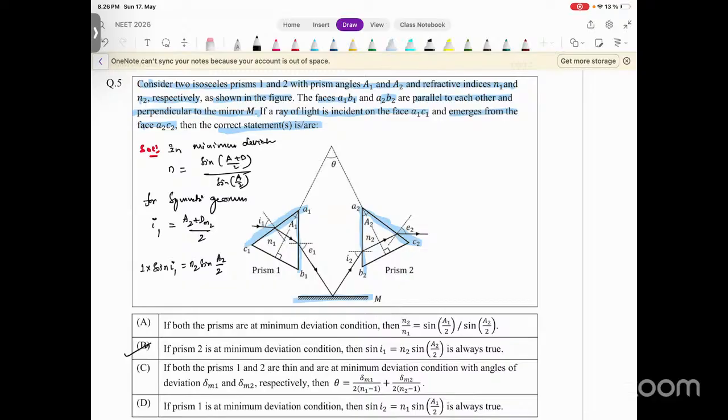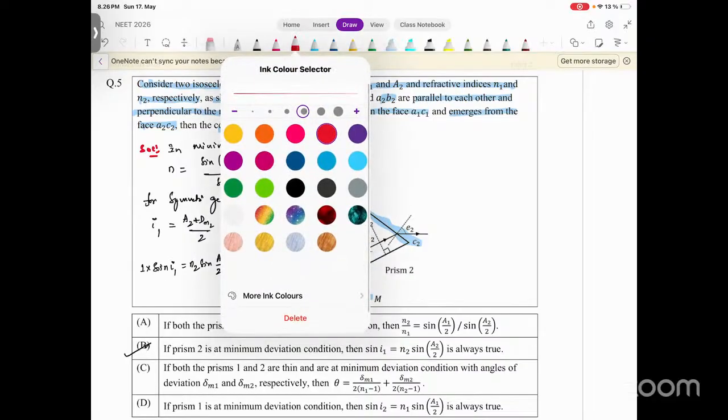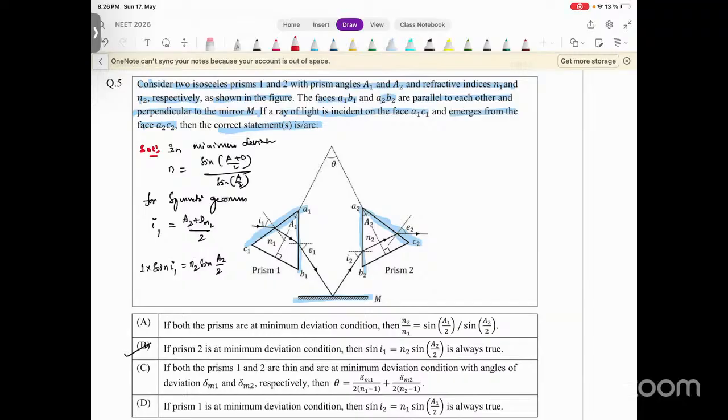Both the prisms are at minimum deviation. N2 by N1 will be equal to how much for me? Let me check with the first one also here right now. For the second face, sine of your I2 must be equal to N1 into sine of A1 divided by 2 for the first surface.